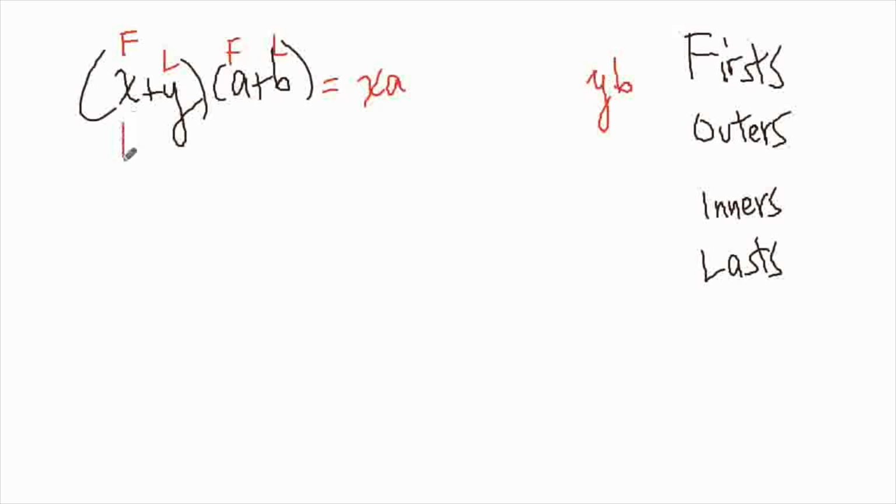Okay, so these right here are the outers because they are on the edges of the whole shebang, right? The farthest to the left, farthest to the right. So those are the O's. Okay, so that gives us an xb. Okay, and then the inners are the guys that are not on the edges, on the extreme right and extreme left.